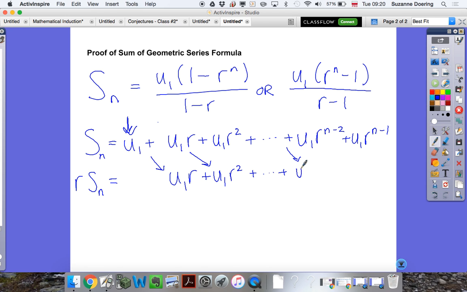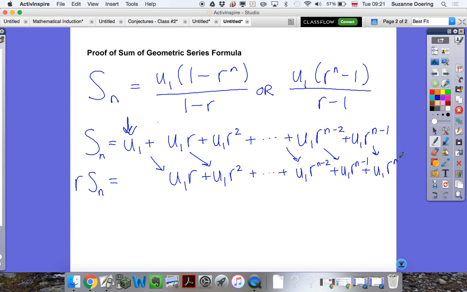Multiplying this r to the n minus 2 by an r will give us r to the n minus 1. And our last term, everybody? u1 r, what is it? Just to the n. Oh, just n.